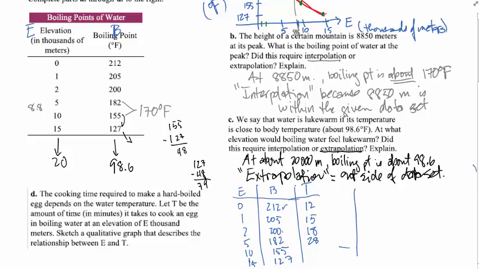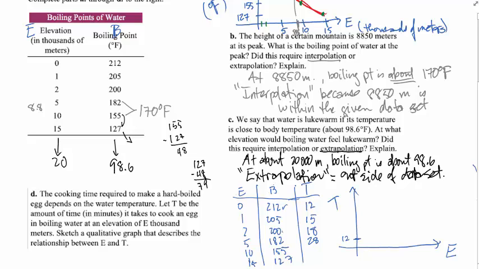Let's start thinking about how our graph is going to go. You can see that this is your E, your elevation, and now this is not your B, but this is your T. What we have here is a relationship that starts at a specific point here, 12.